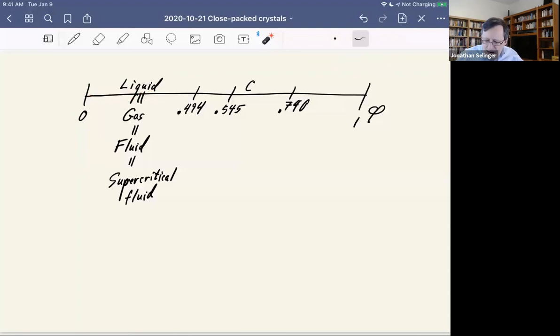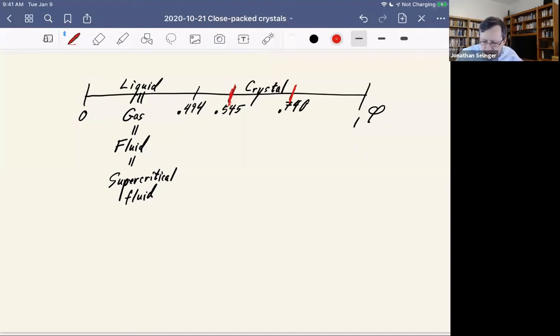Now, remarkably, when you get up to a larger range, up here, between 0.545 and 0.740, there is a crystal phase. That is, the hard spheres can spontaneously form a crystal, an FCC crystal to be more specific.